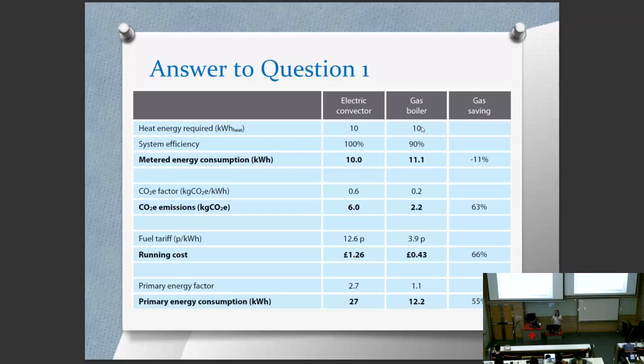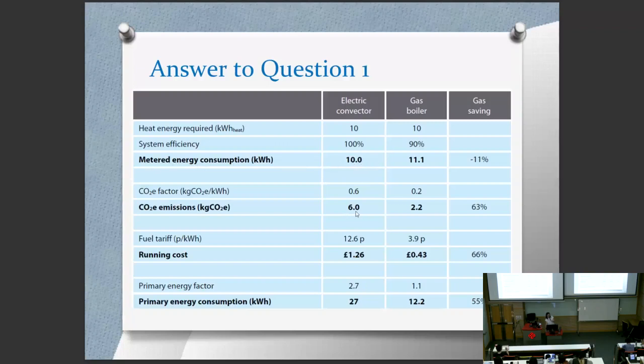Okay, maybe there is some leakage, or maybe the combustion is not 100% efficient, so it results in 90% efficiency of the gas boiler. And then the emissions factor is given to be 0.6 for electricity and 0.2 for burning natural gas. So if you want to calculate the carbon emissions, we use the emission factor multiplied by the metered energy consumption.